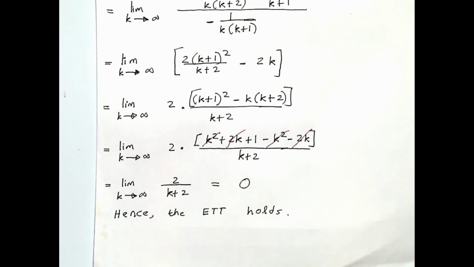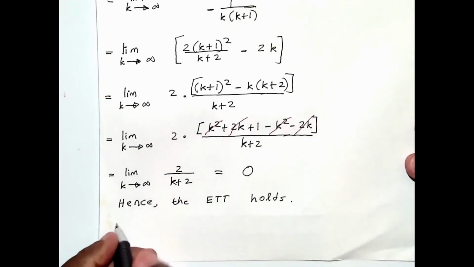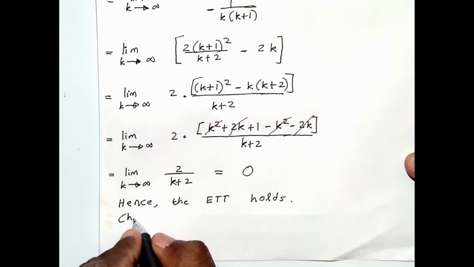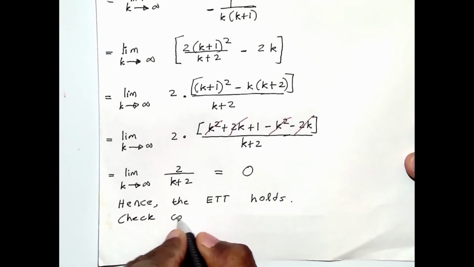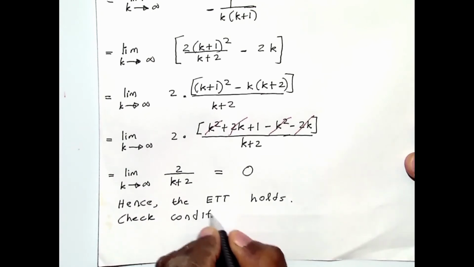Now, to see which of the 3 limits is attained, whether it's Gumbel or Frechet or Weibull, you will need to check the conditions 1 to 3 I gave you earlier.